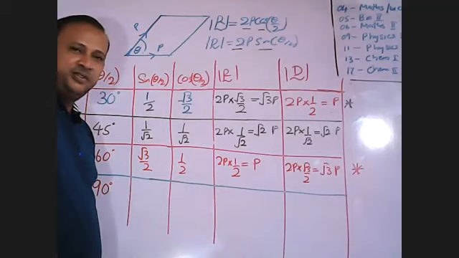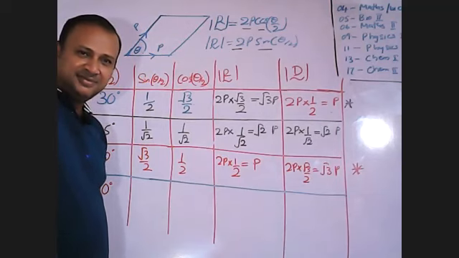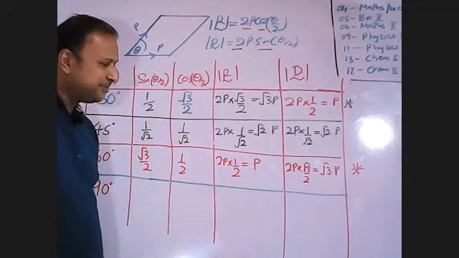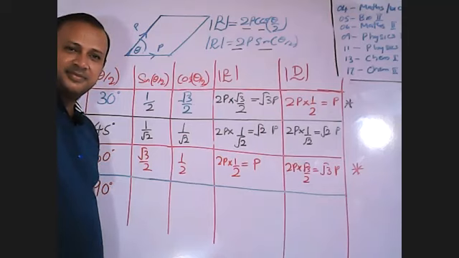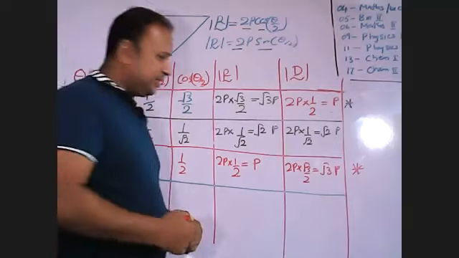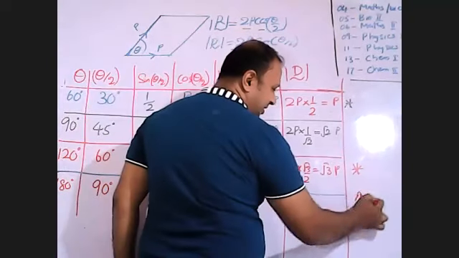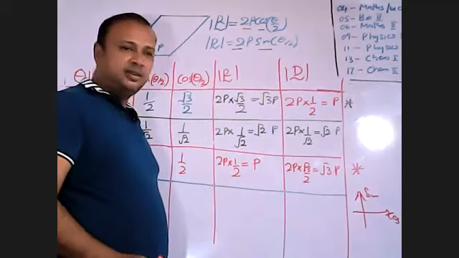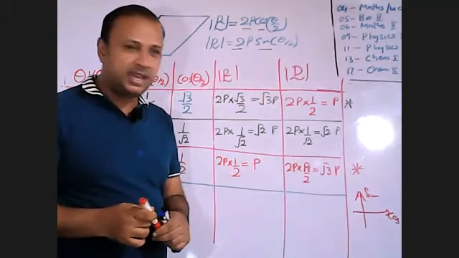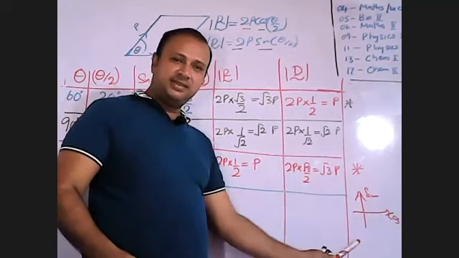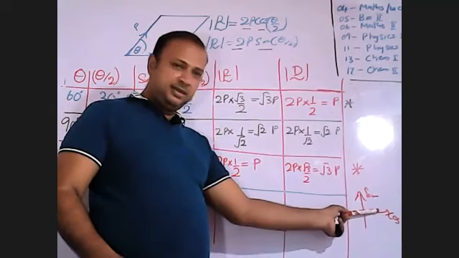Trigonometry, you have forgotten. What is the value of sin 90? Look at this. This is the cos axis, no? The x-axis is the cos axis, and the y-axis is the sin axis. Therefore, look at this.